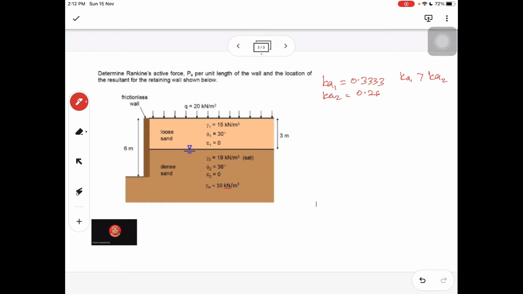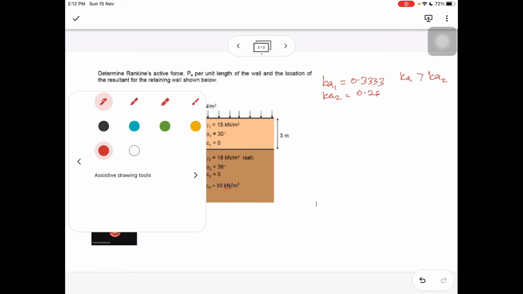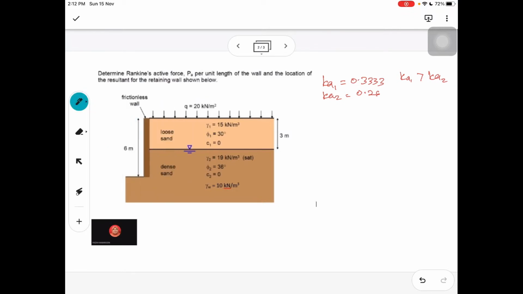Normally I'm going to divide the pressure diagram, first, if we have the charge. So this is the charge, Q equals 20 kilonewton per meter squared. That is a surcharge. So I'm going to sketch for the surcharge.